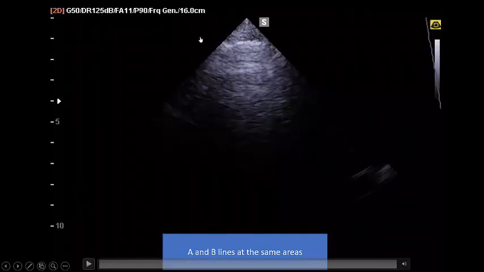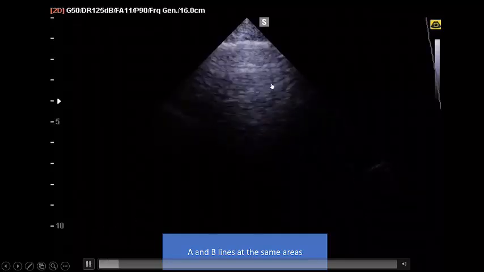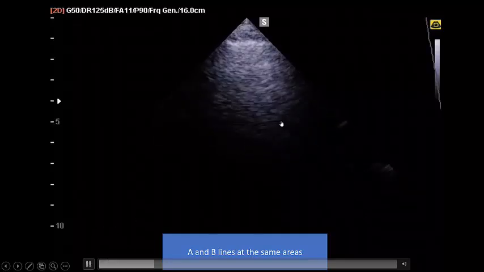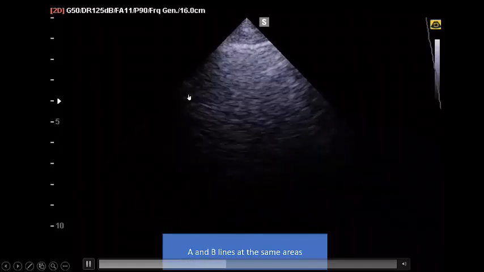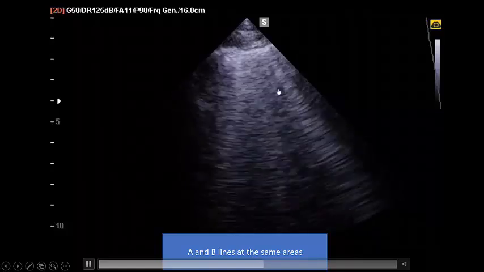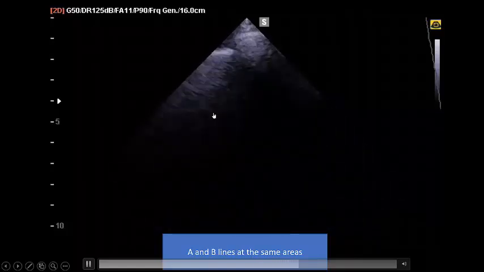Second, in some areas there is A line and B line at the same side. This is A line, and nearby this area we find a B line with thick pleura.